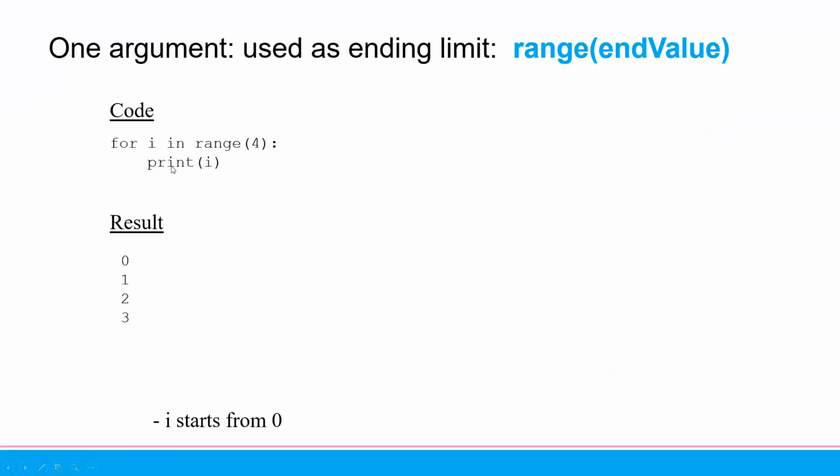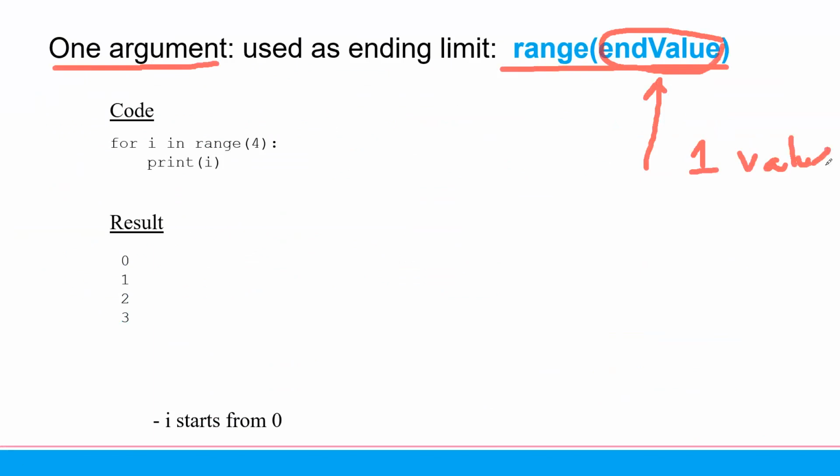So let's see. We have the range with 1 argument. 1 argument means we have only 1 value inside this bracket. For example, for I in range 4.